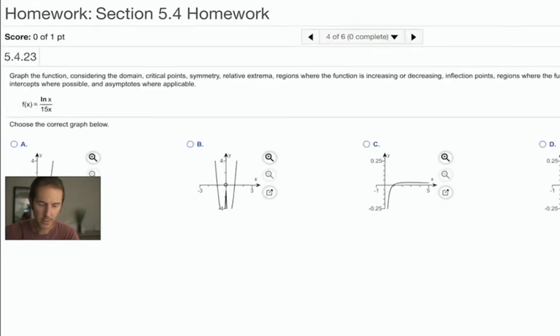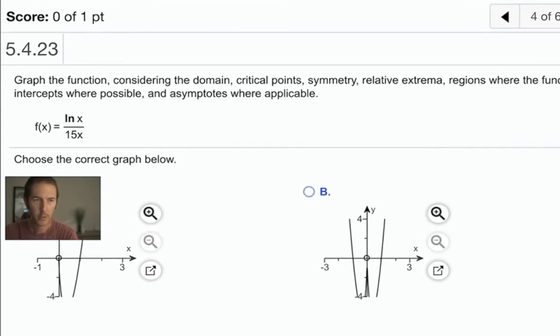In the next question, we've got a natural log problem, and we know that the input values for the natural log or any of our logarithms have to be positive, and in this case we're taking the natural log of x. So our input values, our x values, must be positive, which just from the options that I'm looking at on the screen here, option B is not looking very promising because I can't plug in a negative x value into this function.